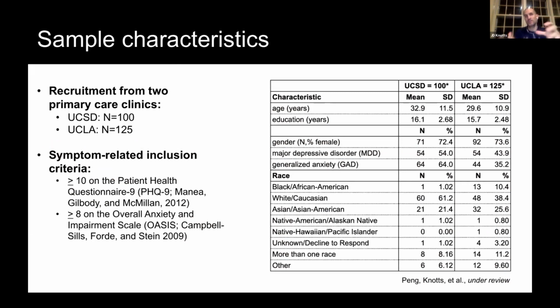And so this was supposed to give us a sample that had a range of clinically relevant anxiety and depression symptoms that wouldn't necessarily have people categorized or diagnosed with depressive disorder or generalized anxiety.